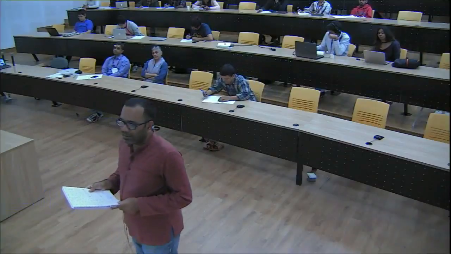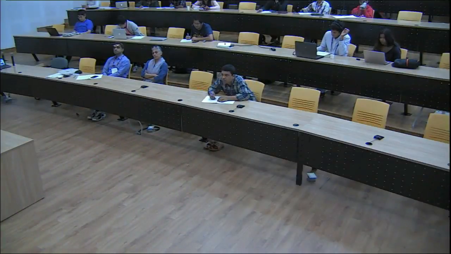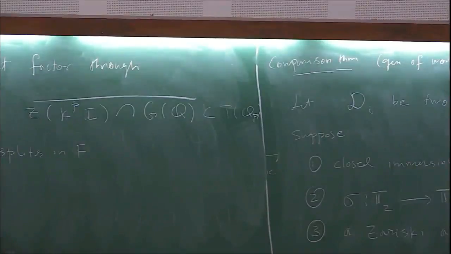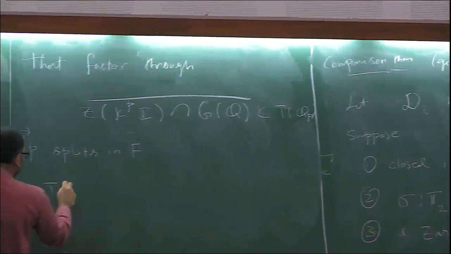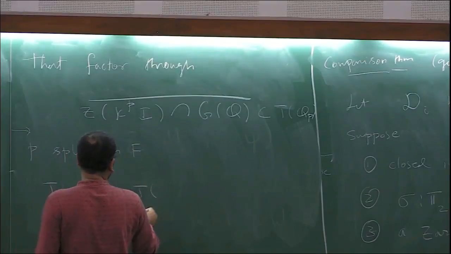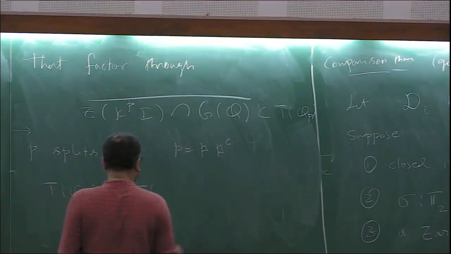Now I assume that p splits in F, so p is equal to p times p conjugate.